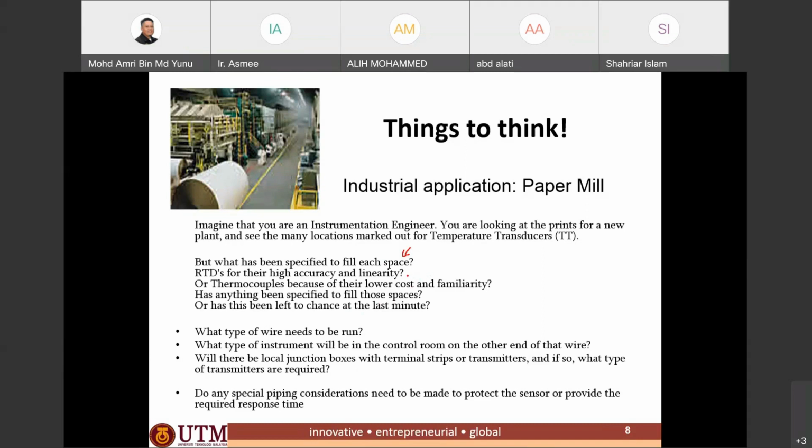For example, accuracy and linearity in the measurement. How good should the accuracy be? How about the linearity versus the temperature range? So that is one of the things that you can consider.